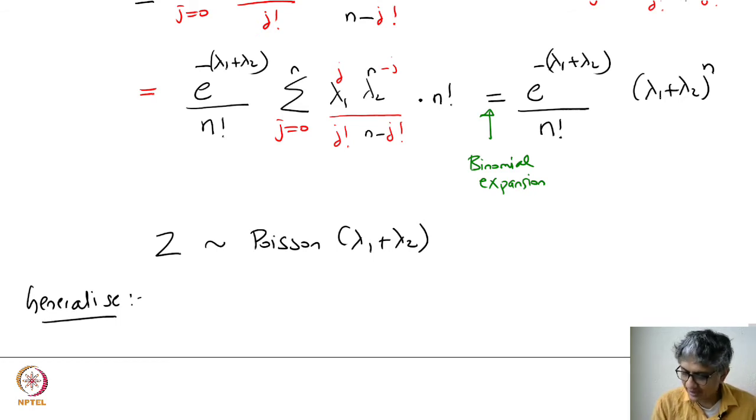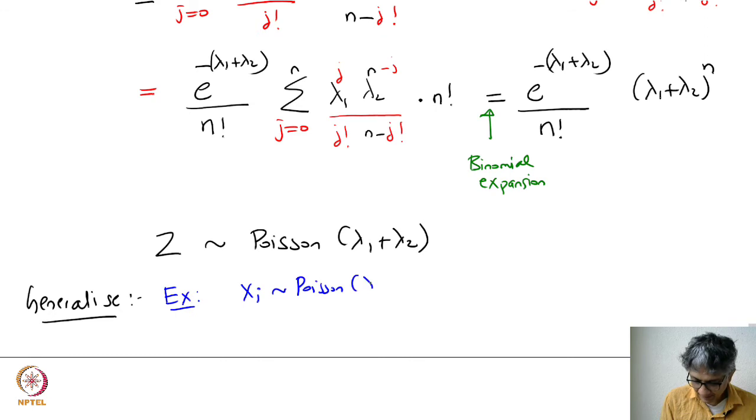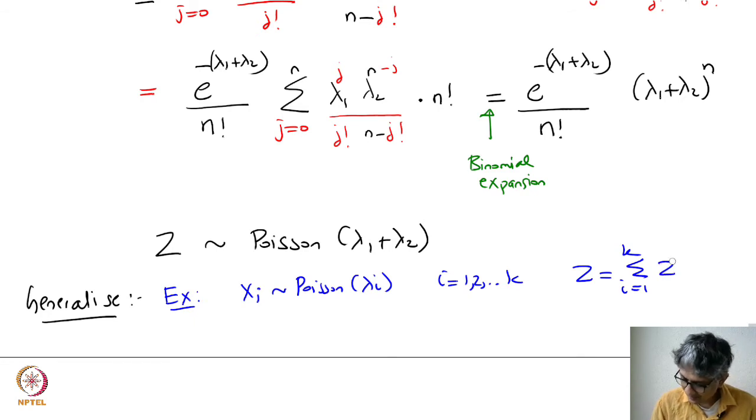This is an exercise, I'll leave it as an exercise: if X_i are all Poisson lambda_i, i equal to 1 up to k, and Z is the summation of i equal to 1 to k of the X_i, then it just adds up.